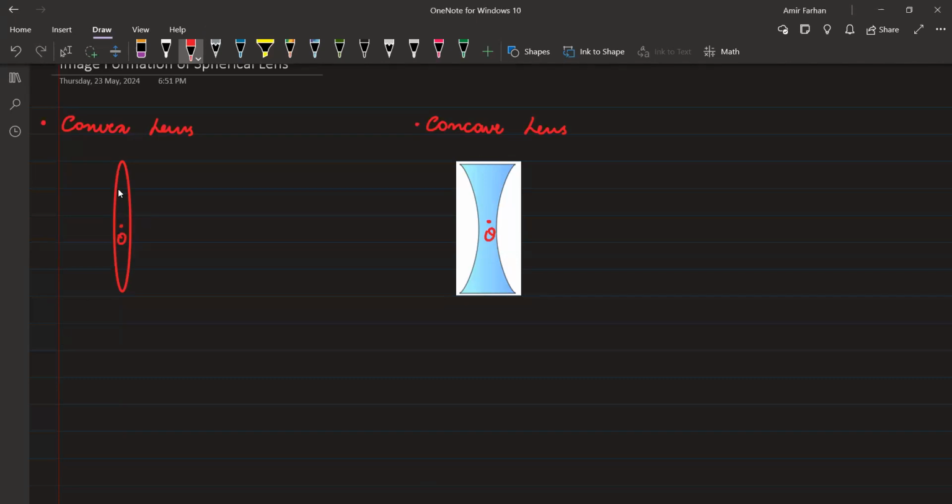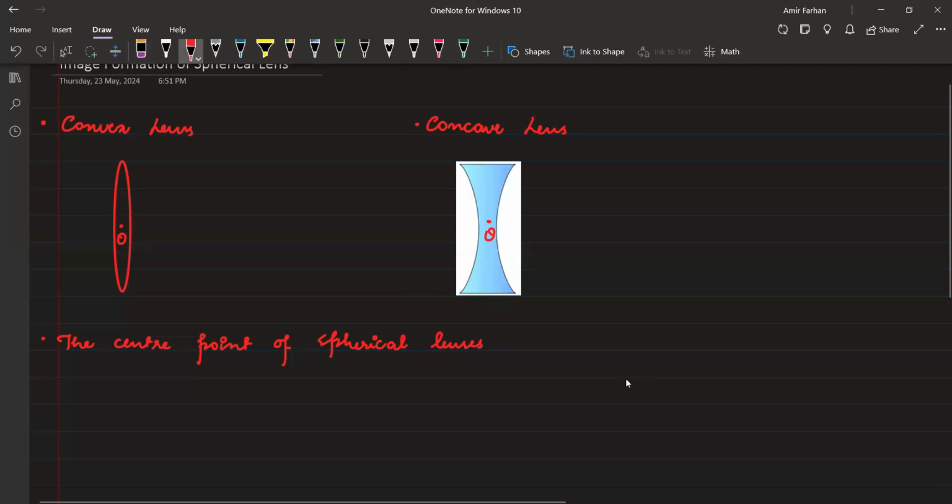This center point of both the lenses is called the optical center.